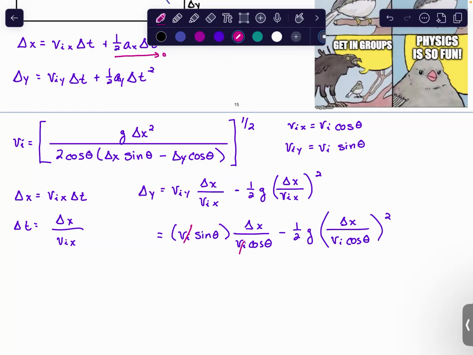Initial velocity there cancels out. And we can then bring that squared inside and square everything in there.